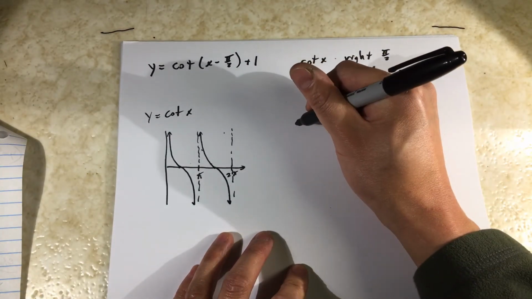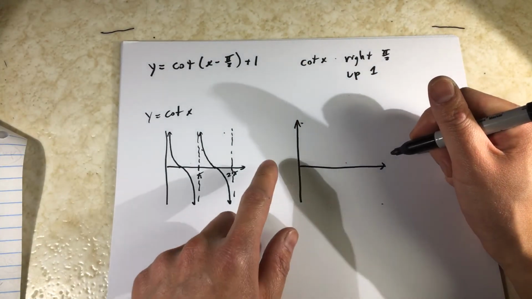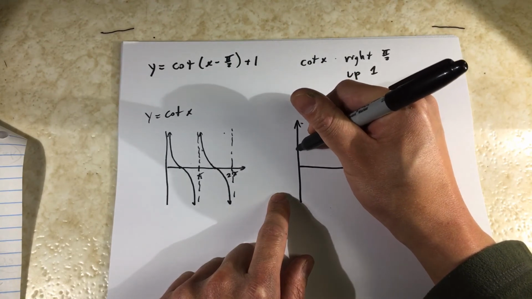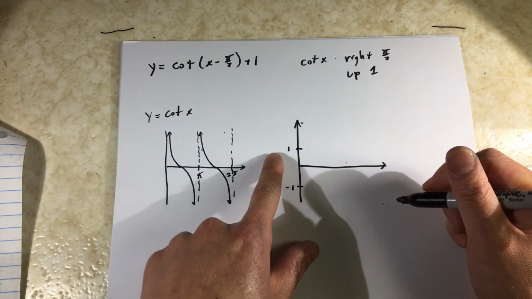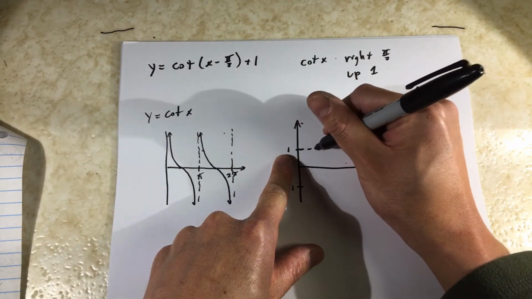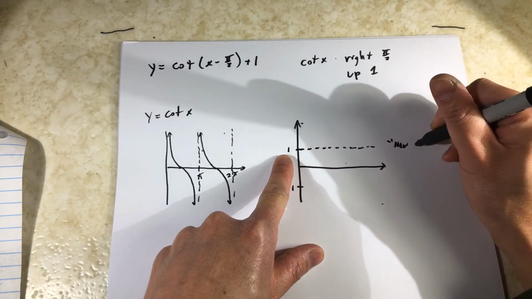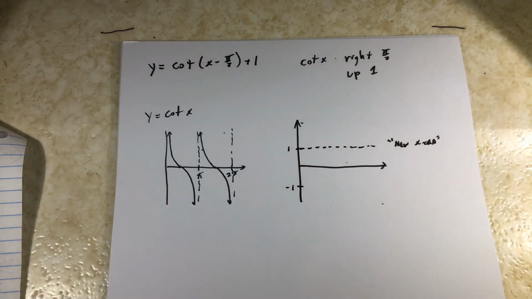So let's draw a new axis. So we're going to go up 1. So remember, when we do vertical shifts, we're going to draw a new x-axis. You don't have to write this down. That's just how I think of it.